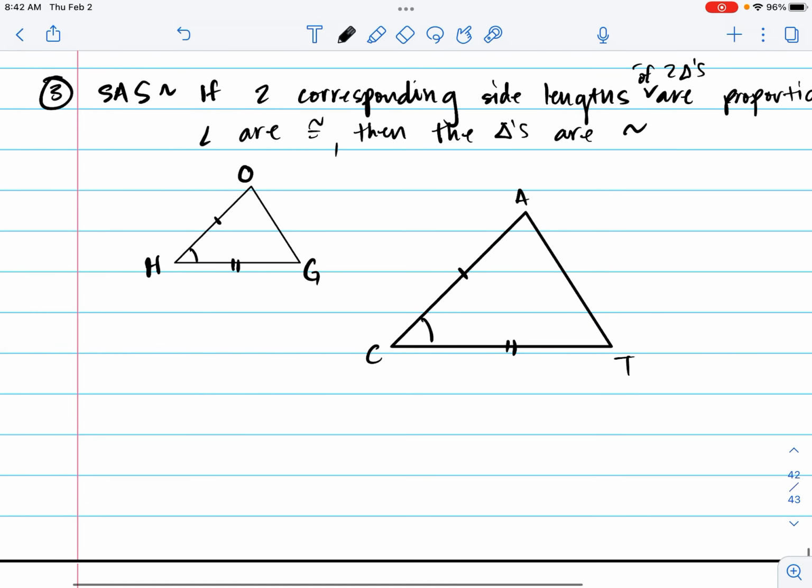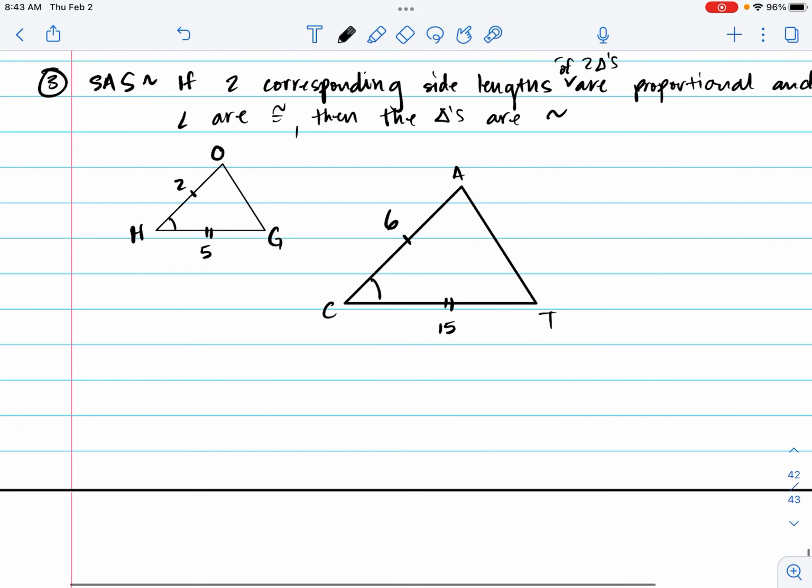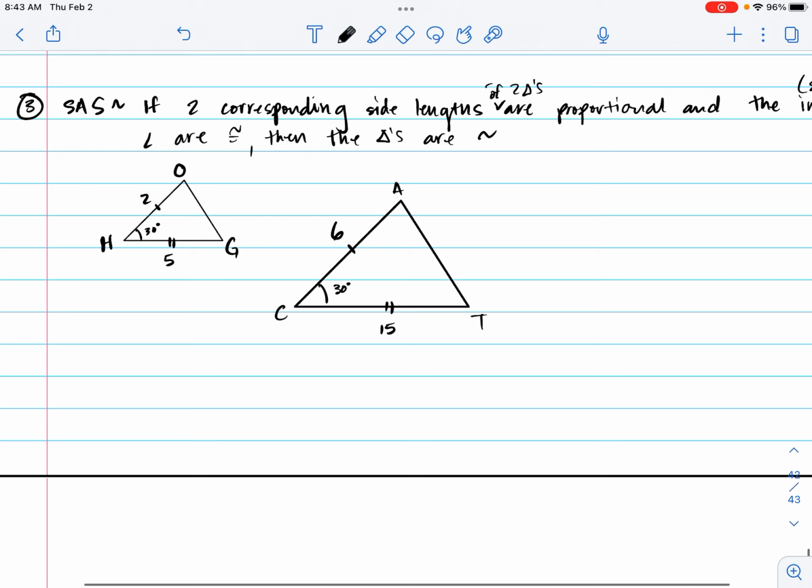So, if I gave you, for instance, a length here, 2 and 6, this length HG, let's call this 5 and 15, and then let's give an angle, let's say 30 degrees and 30 degrees. First thing we need to check, are the 2 sides proportional to each other? Looking at it, 2 and 6 are corresponding to 5 and 15 in terms of which one's smaller and which one's bigger.